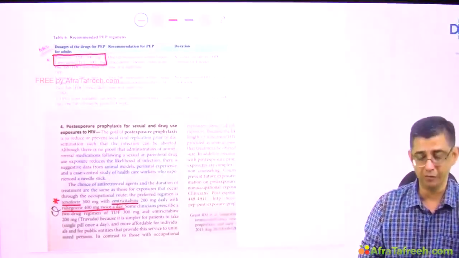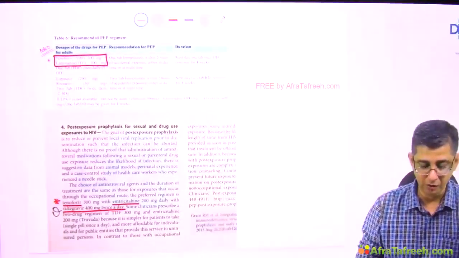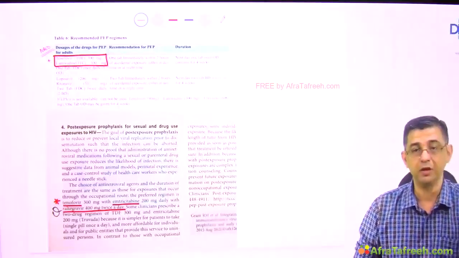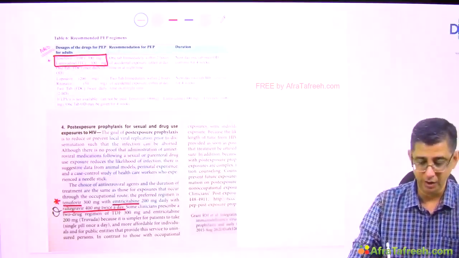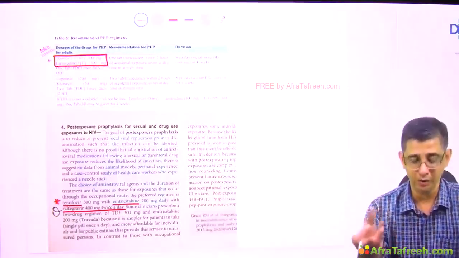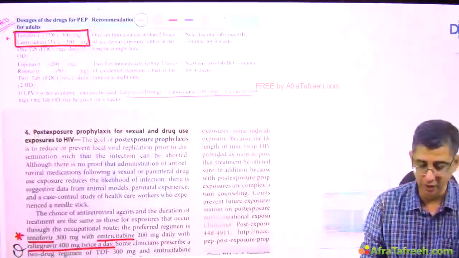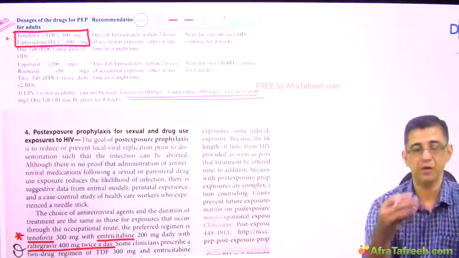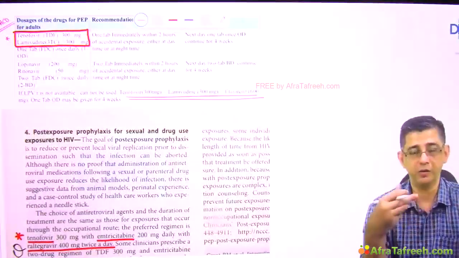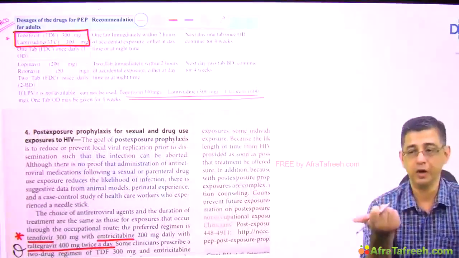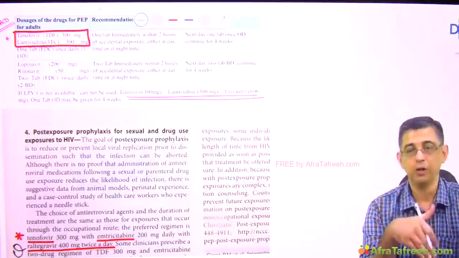But I think this controversy is best left to rest, because if he gives you both among the options, I would personally suggest you answer according to what CMDT is saying, not because I want to discredit what NACO is saying. Even NACO, in the bottom of the table, have mentioned usage of 3 drugs, and they have tried to differentiate whether it is a mild exposure or a moderate exposure or a severe exposure.